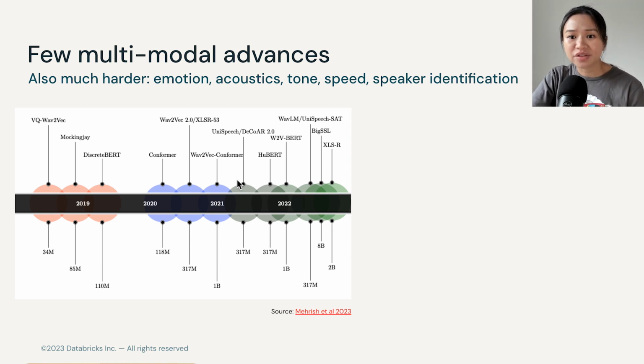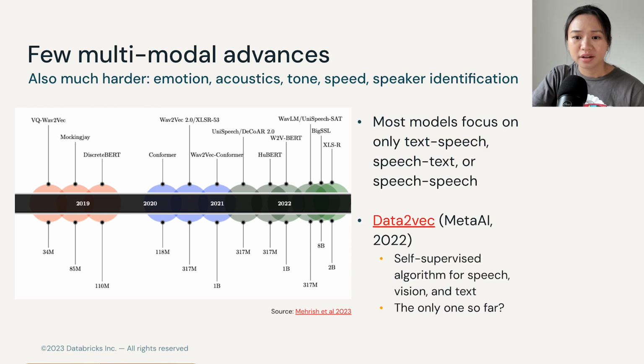And this is perhaps not surprising because it is hard enough to process audio-only data and extract all the information available. Things like emotion, acoustics, tone, speed, how to identify who is speaking, etc. And the only model that seems to combine multimodality is the data2vec model released by Meta just last year.